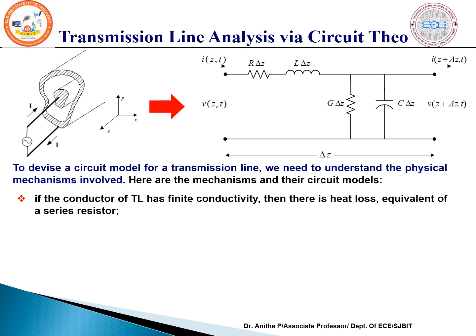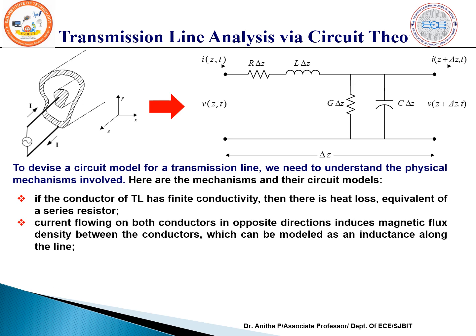The leakage in that dielectric will be represented as a conductance, that is G into delta Z. Similarly, for the resistance and the inductance part, whenever current flows on both the conductors, in opposite directions, obviously it induces a magnetic flux density between those 2 conductors.